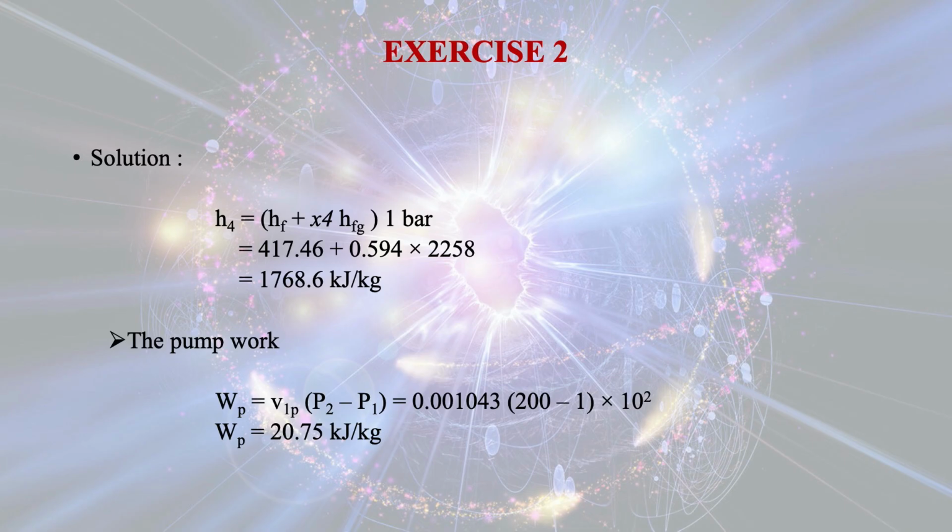So H4 is equal to HF plus X4 HFG at 1 bar. Dear learners, for the values of HF and HFG at 1 bar, you can get them from the steam table.